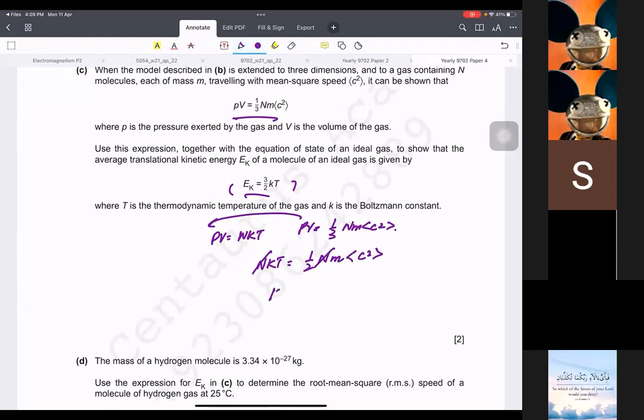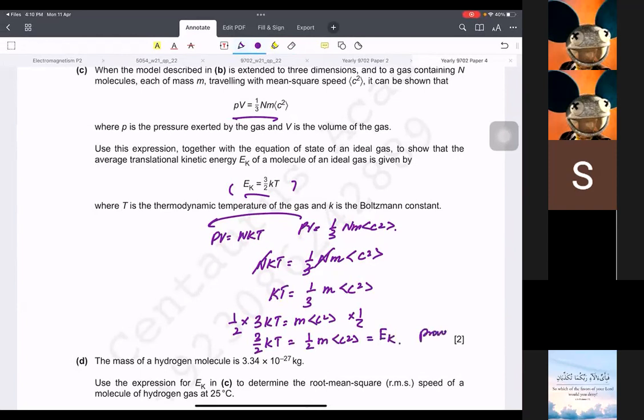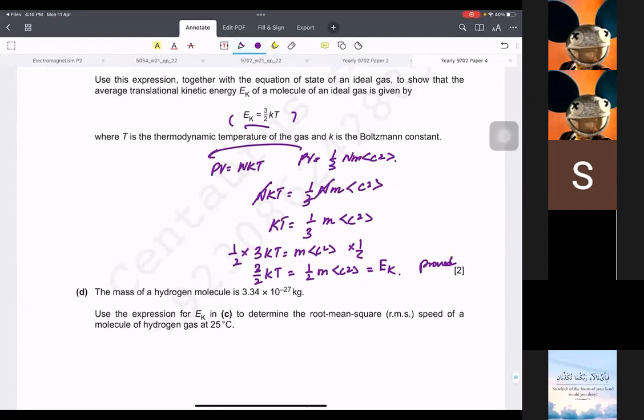This means kT equals 1 by 3 mc square. 3 को multiply कर दो उधर. So 3kT equals mc square. Now multiply half on both sides. So this will be 3 by 2 kT equals 1 by 2 mc square, which is equal to kinetic energy. So it is proved. That's all you got to do.